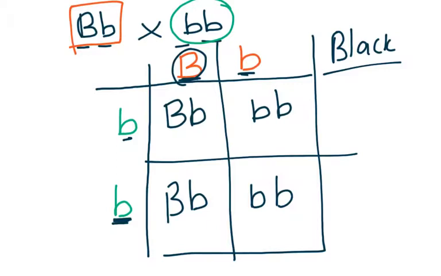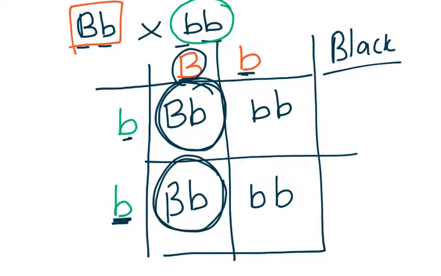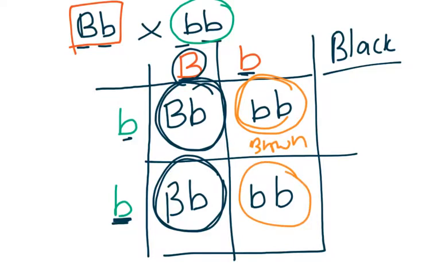So when I look here, this offspring would be black, this offspring would be black, this offspring would be brown, and this offspring would be brown.